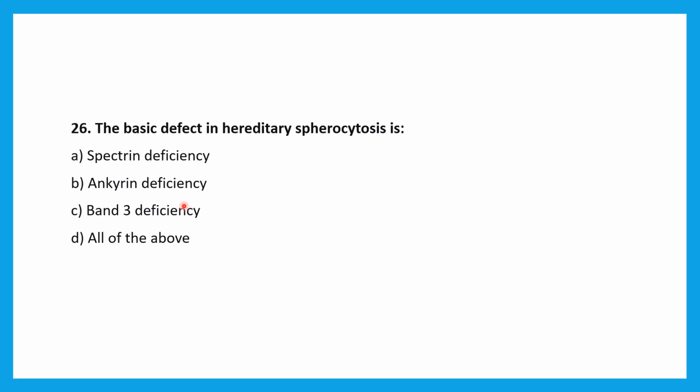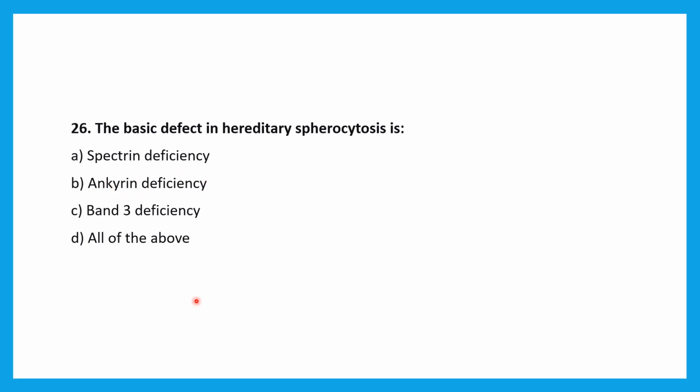The skeleton and the lipid bilayer is where these proteins are. Deficiencies in spectrin, ankyrin, and band 3 or protein 4.2, remember in your notes, can all lead to the hereditary spherocytosis phenotype, with ankyrin deficiency being the most common.